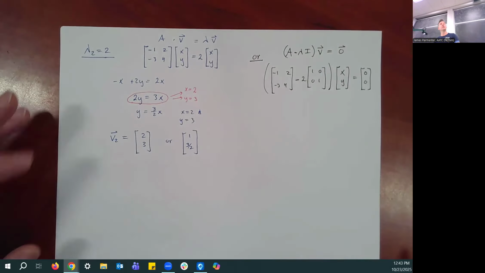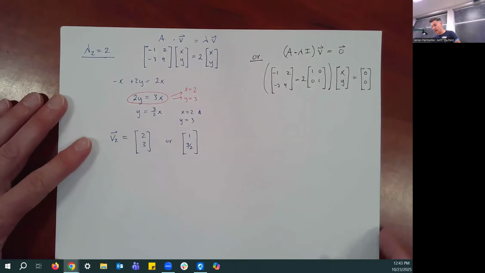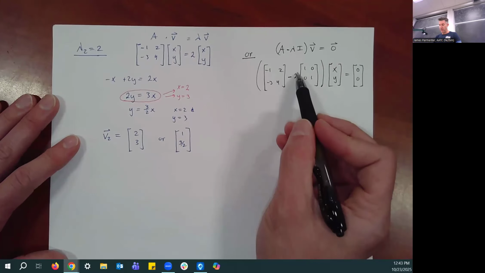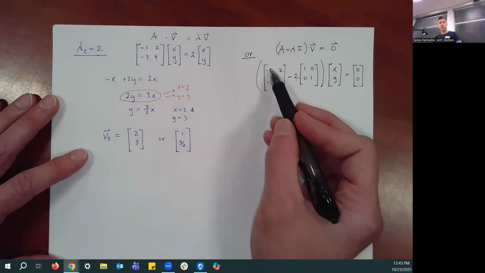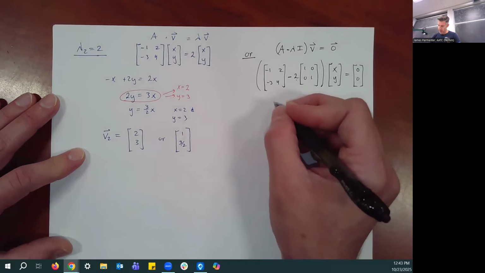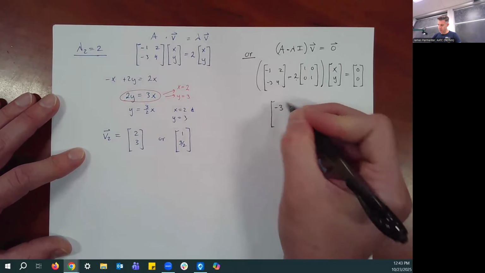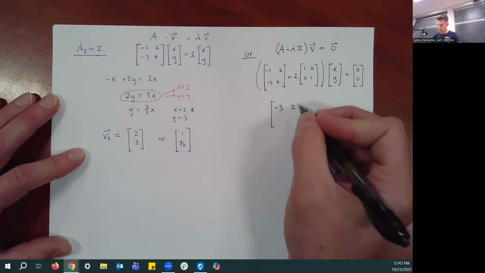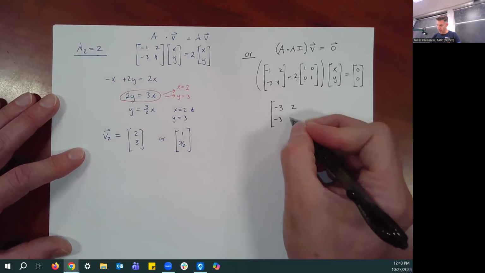Again, you really should never actually write it this way. What you should typically do is say, I know I'm going to be subtracting whatever my eigenvalue is, in this case 2, from each of the diagonal entries. So what I really want to write is -1 minus 2, 2 minus 0, -3 minus 0, 4 minus 2.